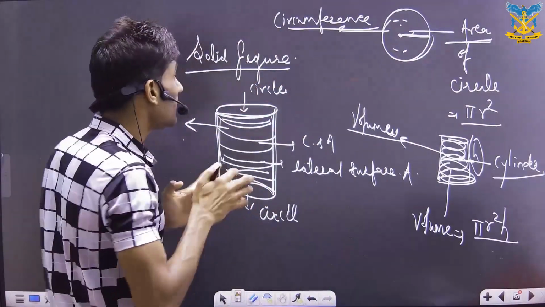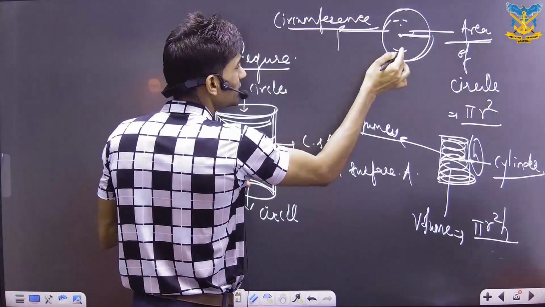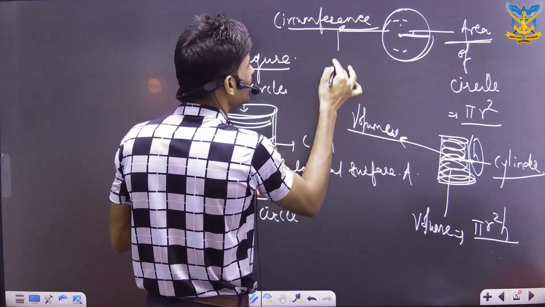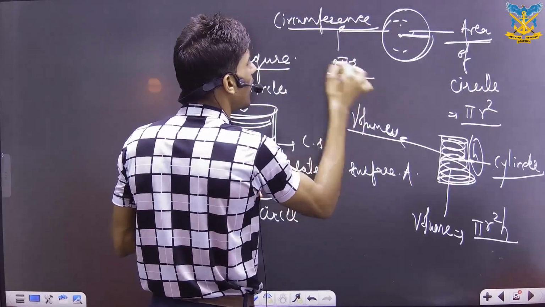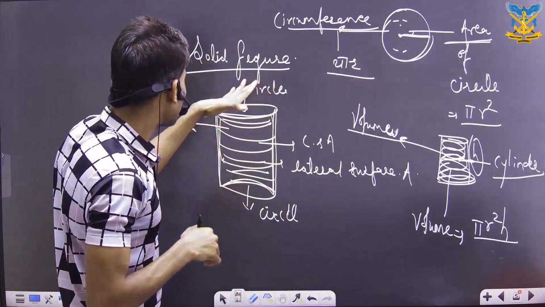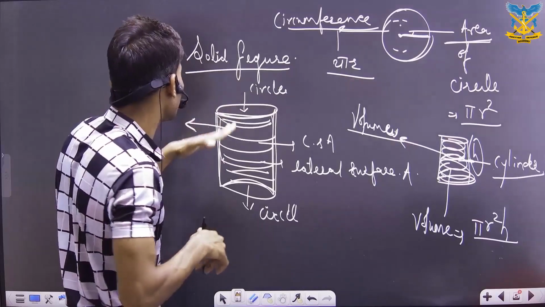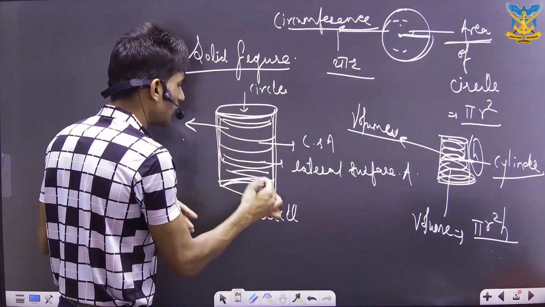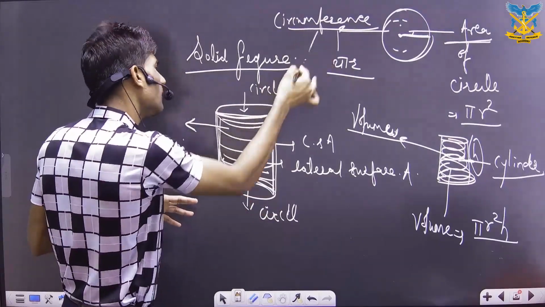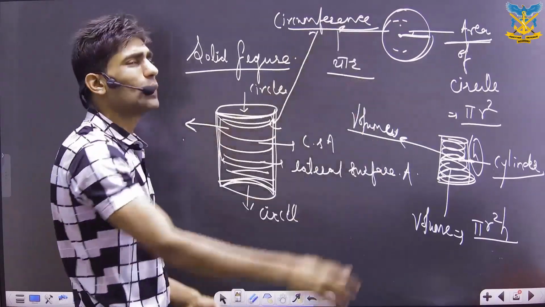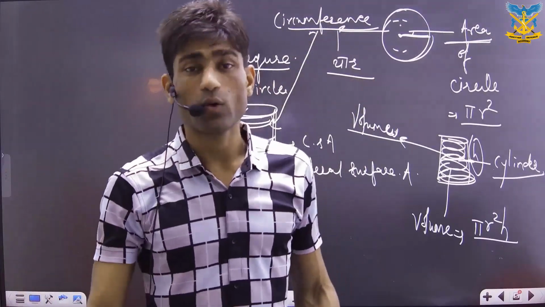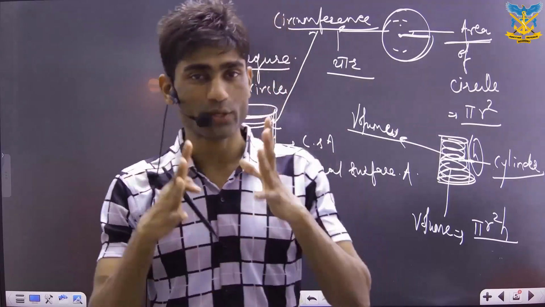We know that the circumference of a circle is 2 pi r. In the same way for the solid figure, circumference is converted into surface area. That is the major difference that you all have to understand.